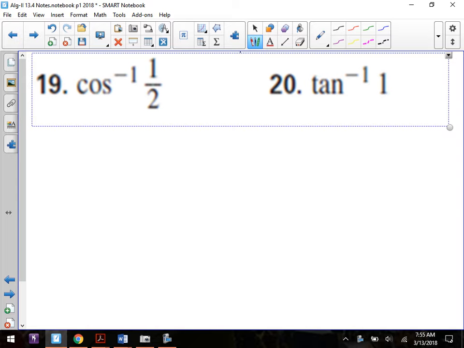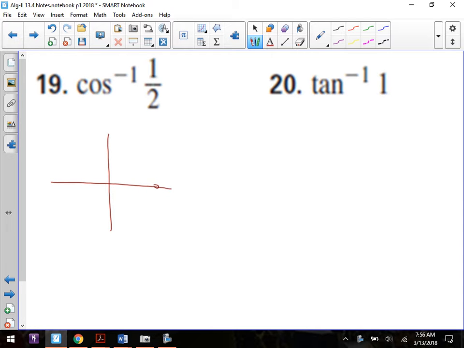When you have cosine, what this says is what angle has a cosine of 1/2. So in your mind, you know that you're dealing with a positive value. Cosine goes somewhere between 0 and pi. For the cosine value to become positive, it has to be in this first quadrant.